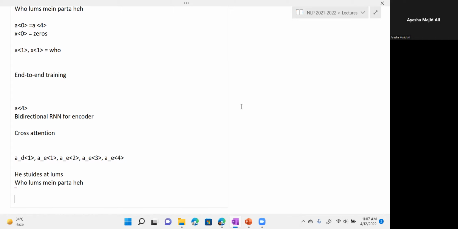Connecting in the sense that it's taking information directly from there without going through the intermediate process of the encoder. Okay. So we have built the attention mechanism so that words can have direct relationships in addition to the information that is passed on through the final encoded vector A4.